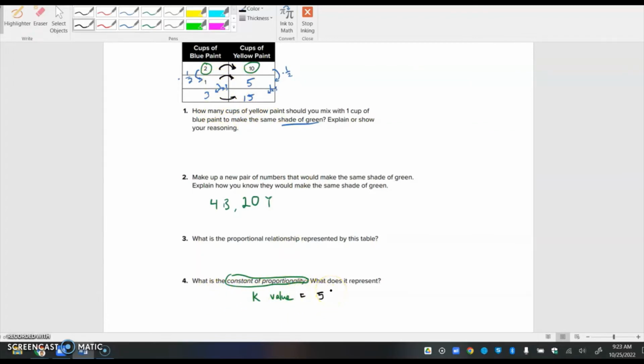Okay. What does that represent? That represents the cups of yellow paint needed for 1 cup of blue paint. Again, that represents the yellow paint needed for each cup of blue, or for 1 cup of blue, same idea.